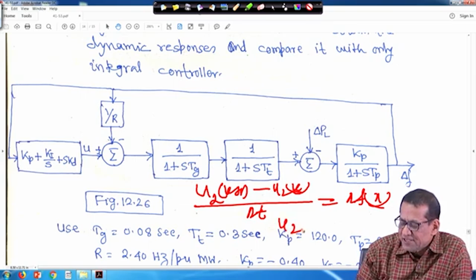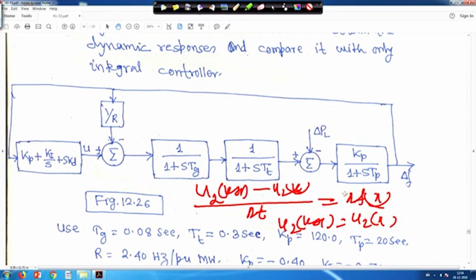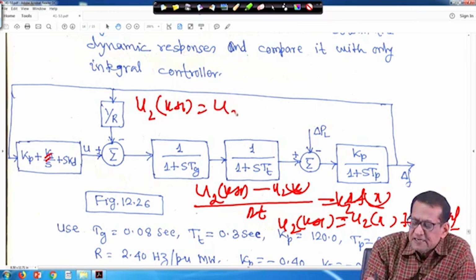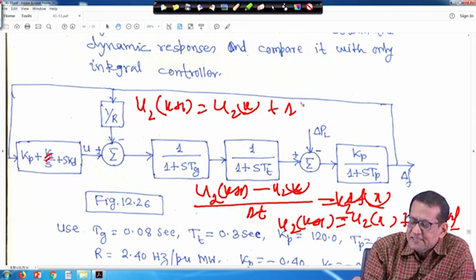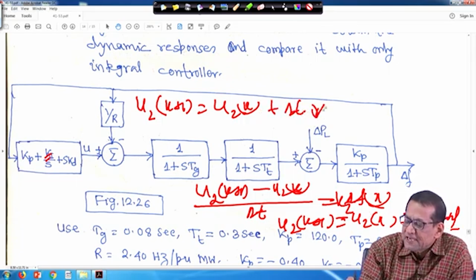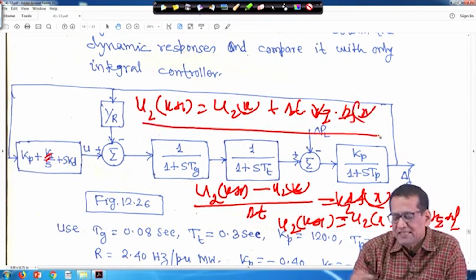That means U2 (K plus 1) is equal to U2 (K) plus delta T into Ki into delta f, because the Ki term was there. So, I am rewriting here: U2 (K plus 1) is equal to U2 (K) plus delta T into Ki, the integral gain, into delta f K. This is the mathematics.